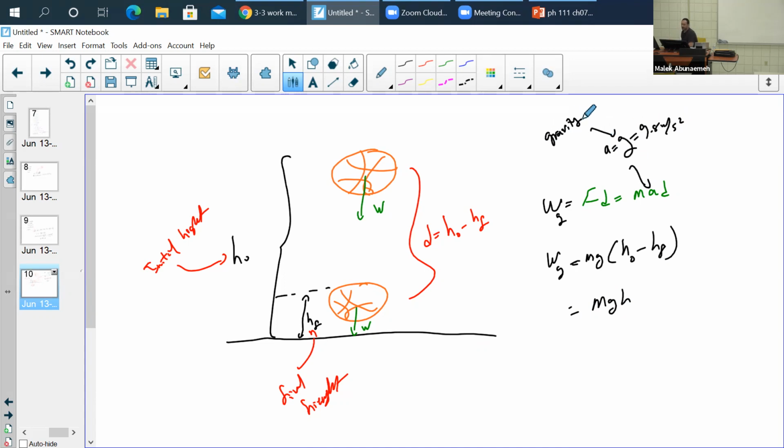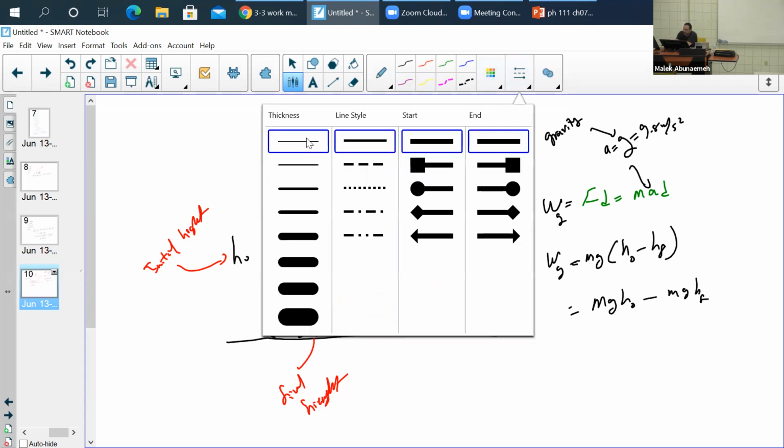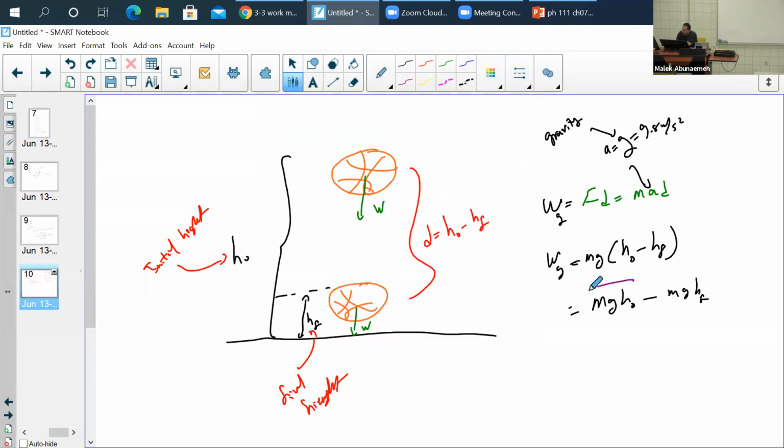That's where we get the g. So this is going to be your mgh initial minus your mgh final. Now, mgh initial, that's your initial potential energy. And mgh final is going to be your final potential energy.